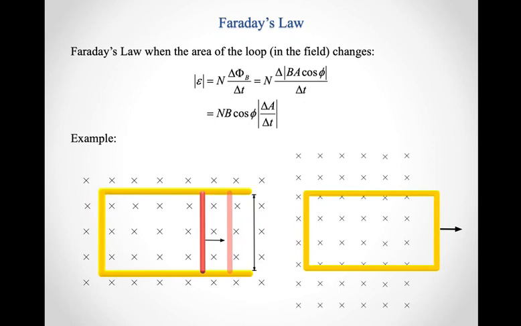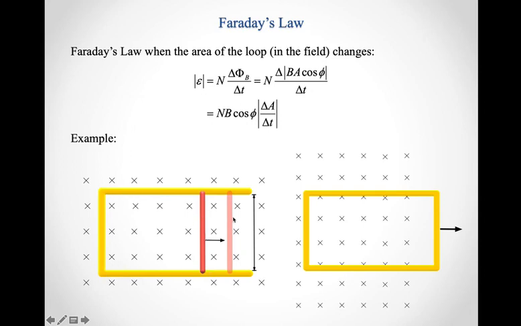Let's look at a couple of situations where we allow the area to change. Here's one where I have three sides of a circuit, and then a bar that goes across this conducting rod that I've bent around in a U shape. I can pull the bar, and that means the area inside is increasing. Initially there was this area inside this rectangle.